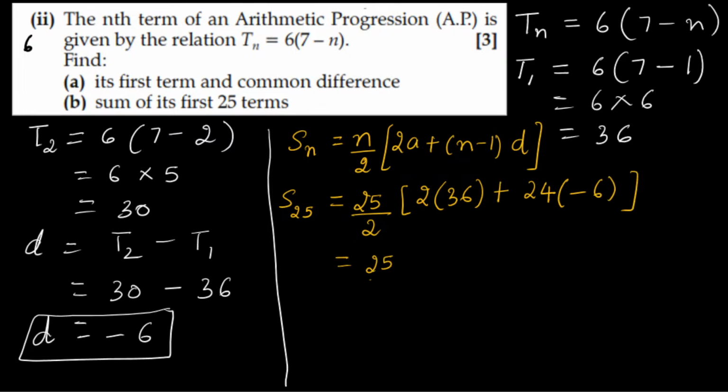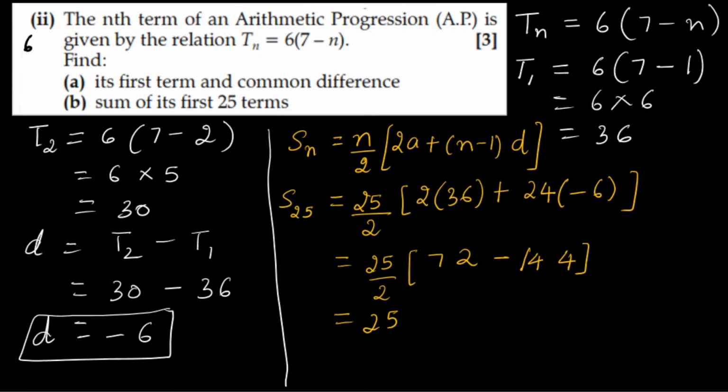So 25 by 2, 2 into 36 is 72. So 24 into minus 6. What is 24 into minus 6? It is 144.